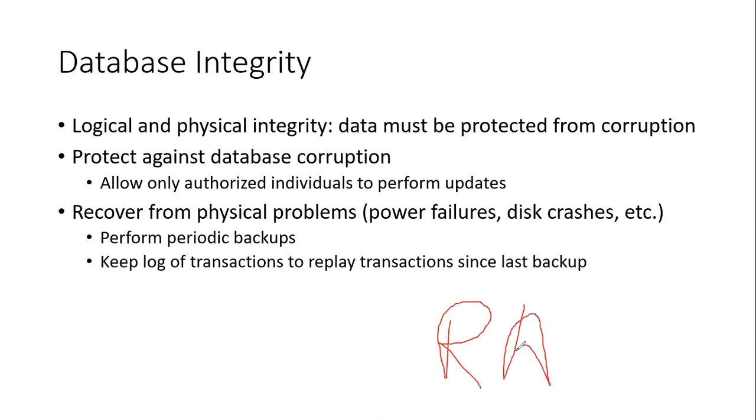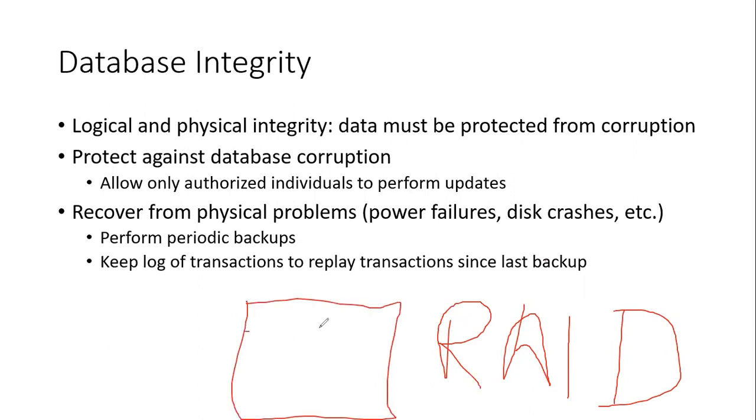RAID stands for redundant array of independent disks. They have different disks in parallel, on different shelves. For example, they have two or three backups for one disk, and there is a backup over here for this one.